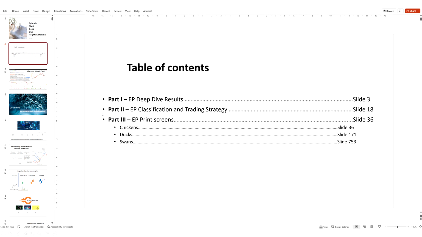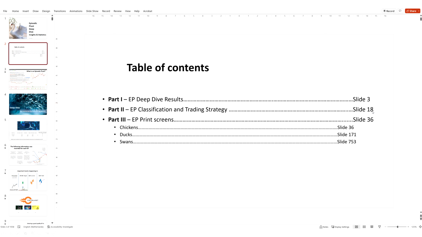So overall, what you will find inside is, in part 1, the EP deep dive results. Starting from slide 3, it's what I found out and the statistics that I came up with while studying the episodic pivots. Part 2 represents the EP classification and trading strategy.